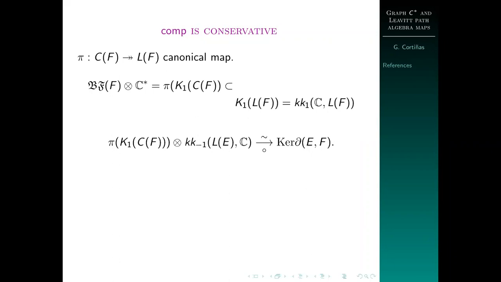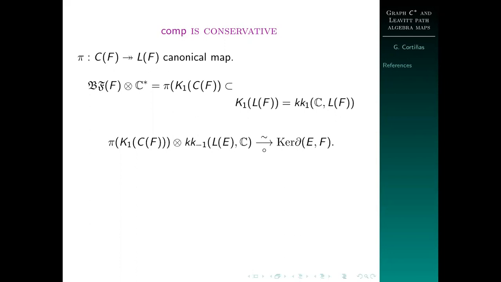Okay, so say I want to prove that comp is conservative. So I take a KK class from LE to LF, which goes in big KK to an equivalence. So this equivalence has an inverse, which, because comp is full, lifts to a little KK class from LF to LE.